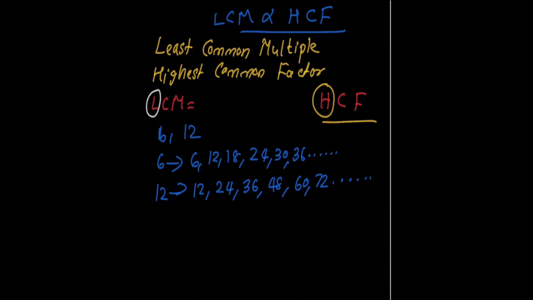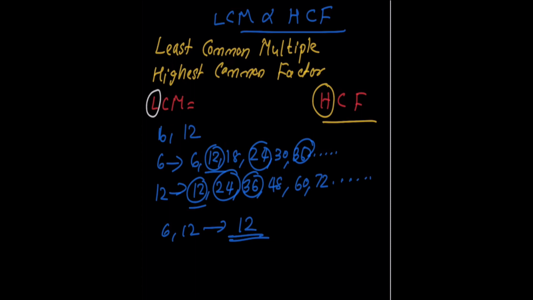Which are the common multiples? 12, 24, 36. There are some other common multiples also, but no problem. We have to find the lowest one. The lowest one is 12. So the LCM of 6 and 12 is 12.